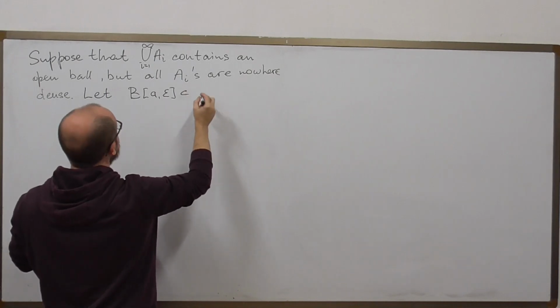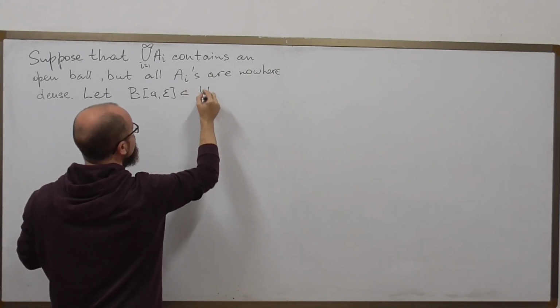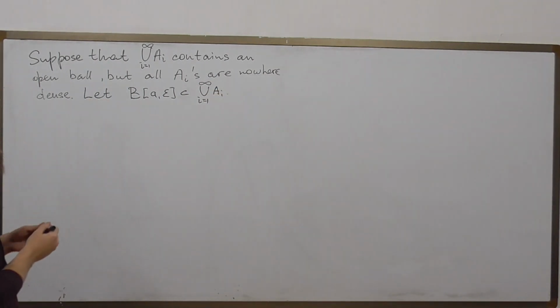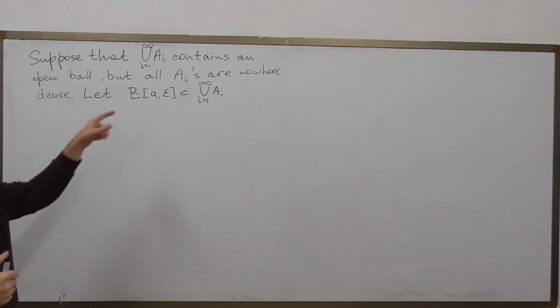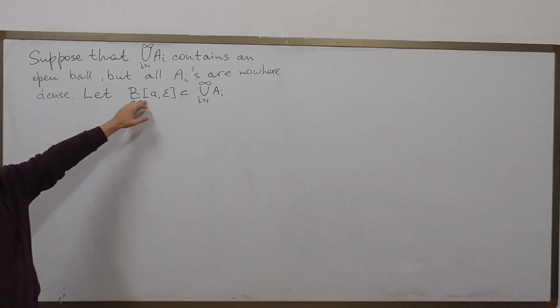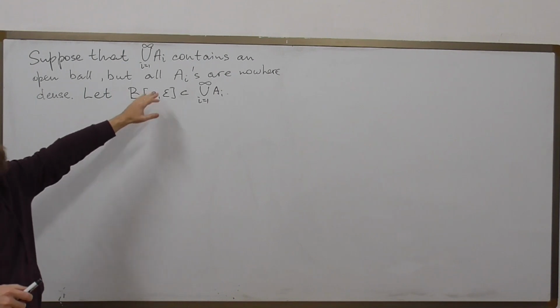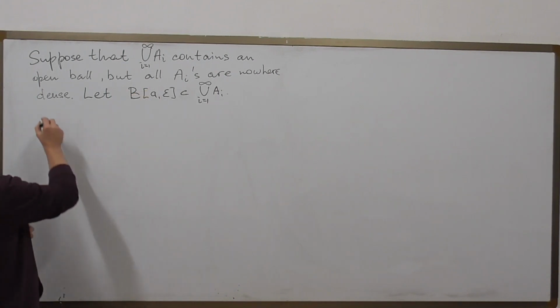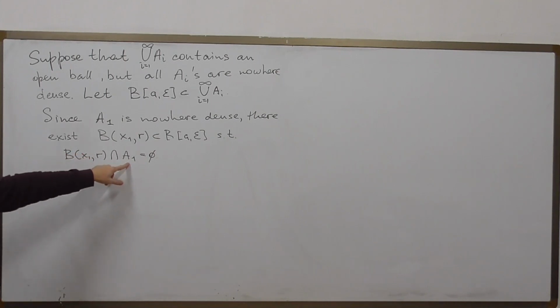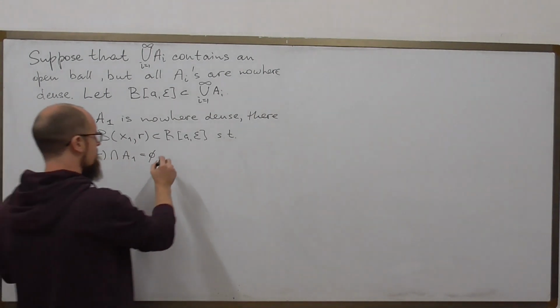Let this ball be a subset of the union. Since A_1 is nowhere dense, in this closed ball we can find an open ball which does not intersect with A_1. Inside of this ball we can find a smaller closed ball, which still does not intersect A_1.